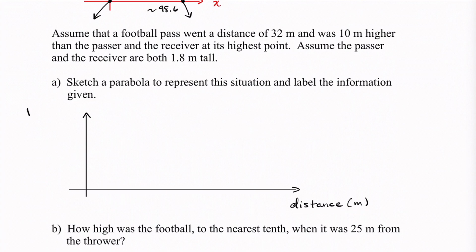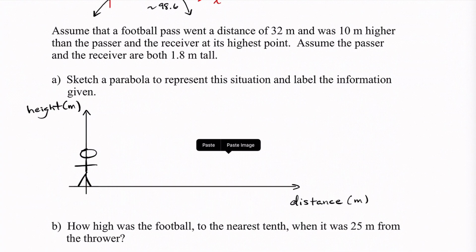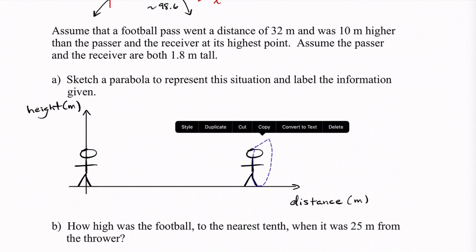And then on my vertical axis is going to be my height, and that's also measured in meters. And then I'm going to put my one person here. He is standing kind of right at the y-axis. I'm just going to move him down a little bit. Okay, and then I'm going to put the person that he's passing to over here.